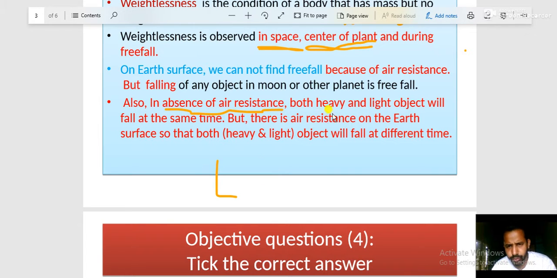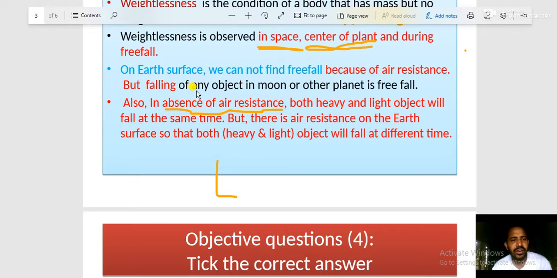Both heavy and light objects will fall at the same time if there is no air resistance. But on earth there is air resistance, so the heavy one will fall faster and the light one will fall later. In the absence of air resistance, both will fall at the same time. And if you remove the air, then we call that a vacuum, and there is no air resistance.